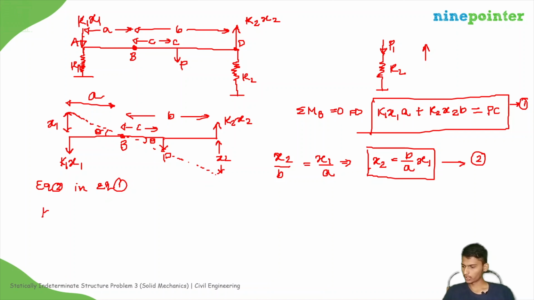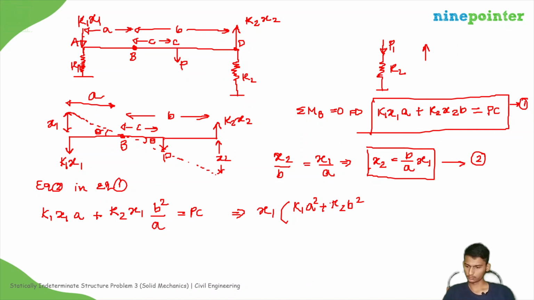Then you will get K1 x1 a plus K2 x1 b square divided by a equals Pc, right? So taking x1 common, you will get K1 a square plus K2 b square, divided by a, equals Pc.